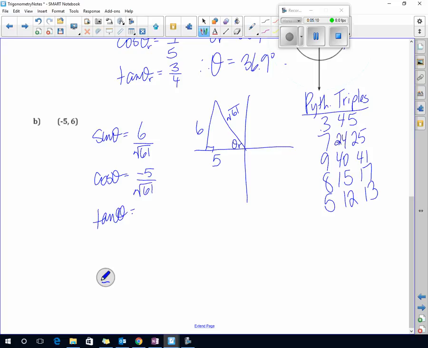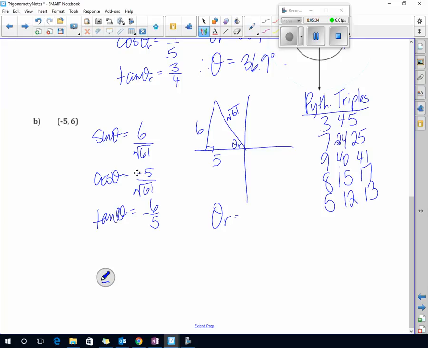So hopefully you learned last year that when you try to solve for theta r, the reference angle, you don't use the sign, meaning plus or minus. You just use the positive value of it. So what we're doing is we're finding the ratio in the first quadrant, and we're going to generate the angle in the second quadrant.